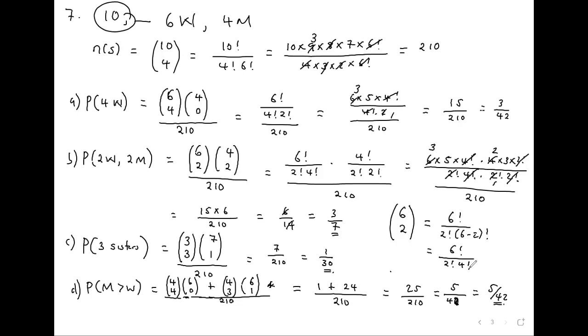That's this one here. And then 4 choose 2 again, like that. I don't know if I understand your question. Yes, sir, I've understood. Okay, thank you.